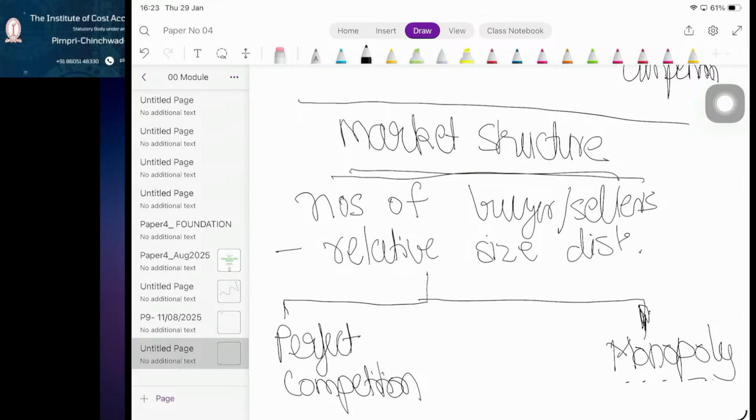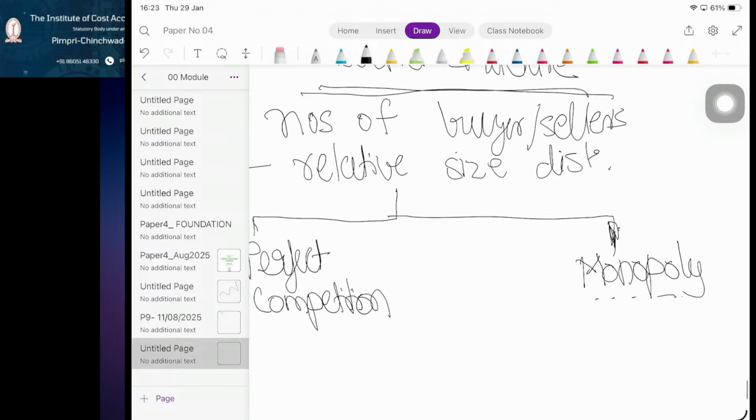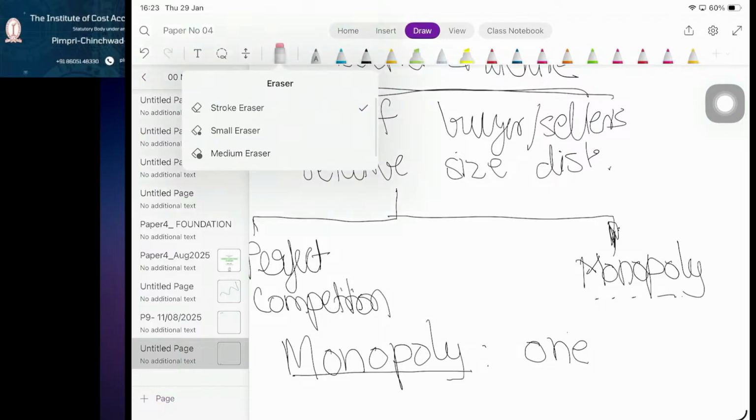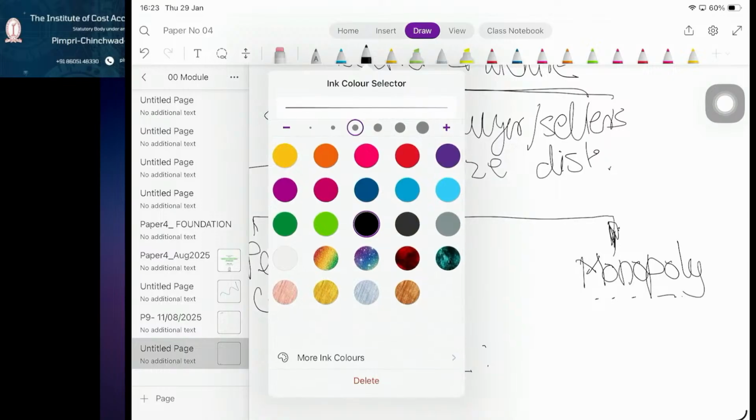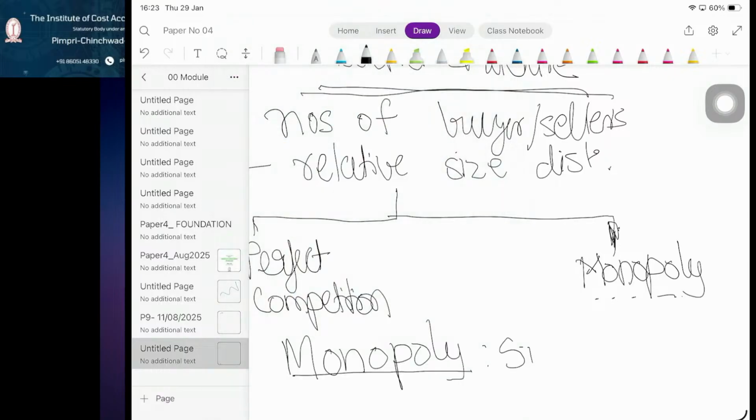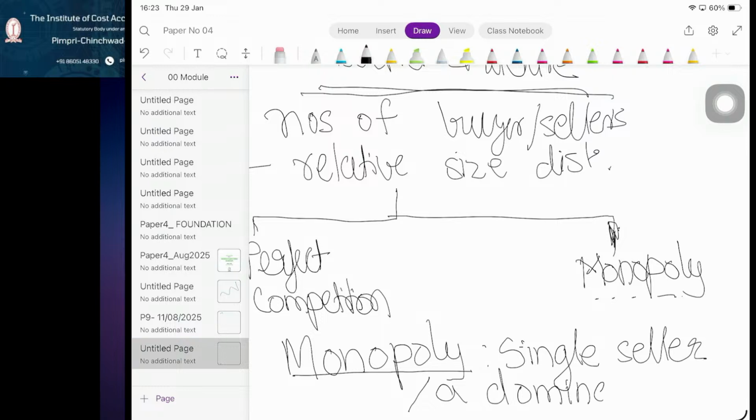Okay. I had given a break for you to write what is monopoly. In case you have not written, let us write: monopoly is a market structure with a single seller, or there is a dominant seller.